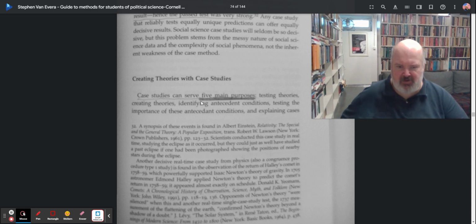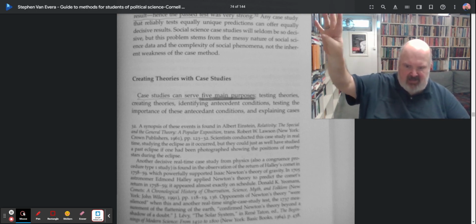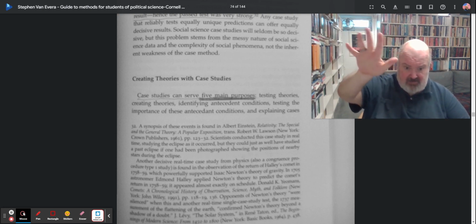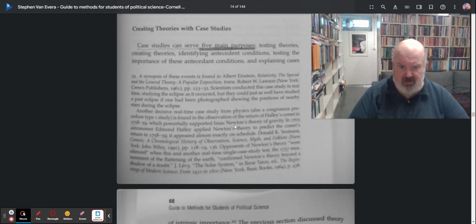Case studies serve, repeating the basic theory, remember, case studies have these five reasons for doing it: testing theories, creating theories, identifying antecedent conditions, testing the importance of these antecedent conditions, and explaining cases of extrinsic importance. We dealt with testing theories.